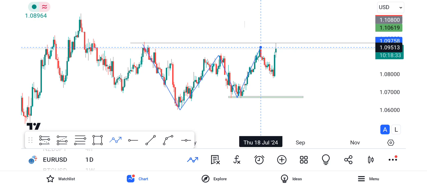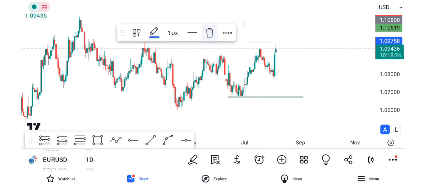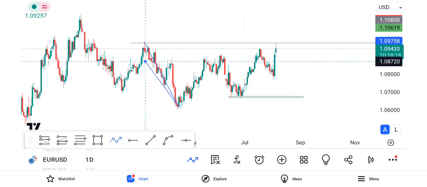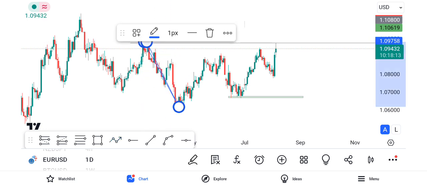So the internal structure is going up until the shift in trend is confirmed, until we break above this guy right here, because we can see that this is the most previous lower high. Let me take that again.